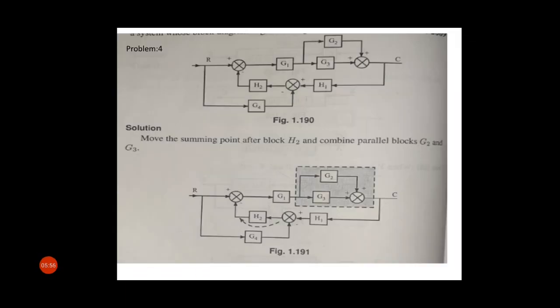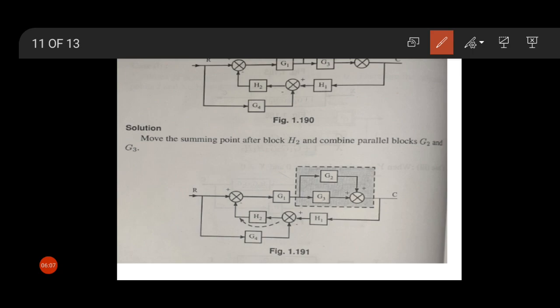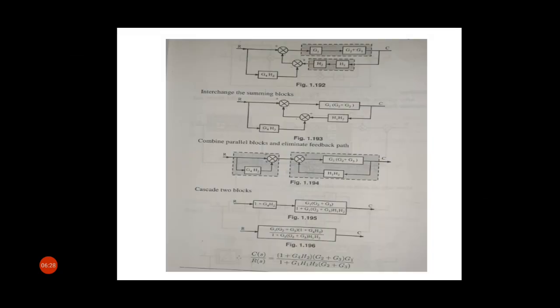This is our problem number 4. How will we find the transfer function of this block diagram? First we move the summing point after block H2, means we move this summing point from here to here, after H2, and combine parallel blocks G2 and G3, means combine these two blocks G2 and G3.